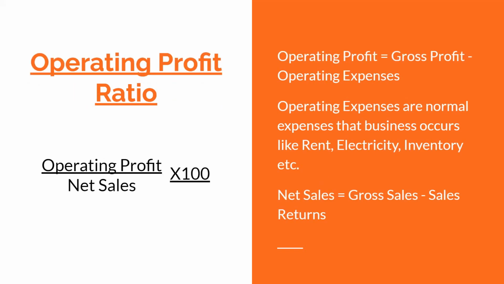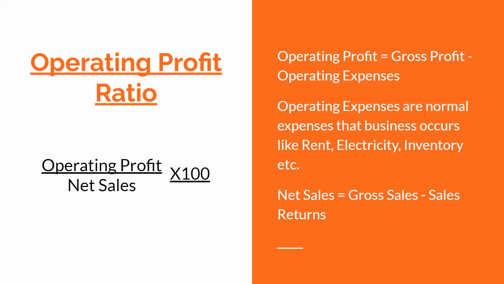Similarly, the operating profit ratio is a little bit advanced version of gross profit, where you also reduce operating expenses from your gross profit. Operating expenses are nothing but the expenses that you have to incur anyway if you are running the business, like your electricity, rent, etc. So your gross profit was 2000.